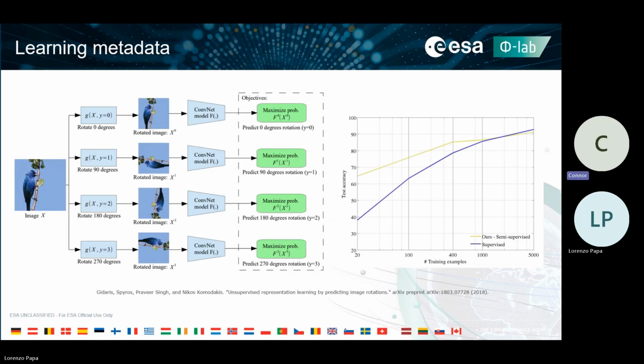Focusing on this model, they create a model in order to predict, maybe this is a unique model, I don't remember exactly. However, they use this model, the convnet, in order to predict if an image is rotated and which kind of rotation has been applied. To do so, they apply the argmax of the prediction of the model, and based on the maximum probability, you obtain your desired output.